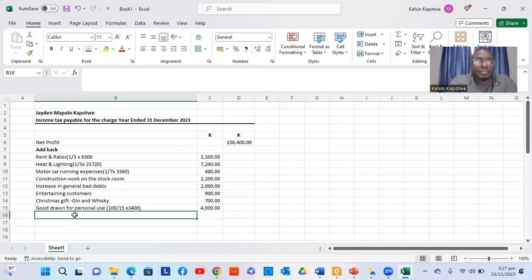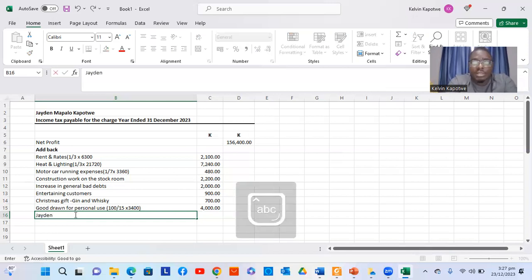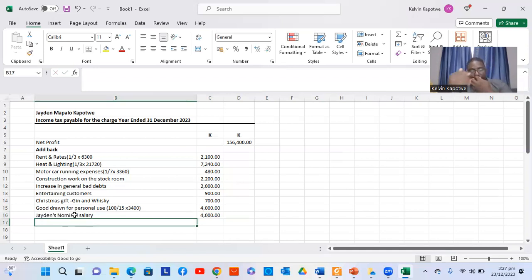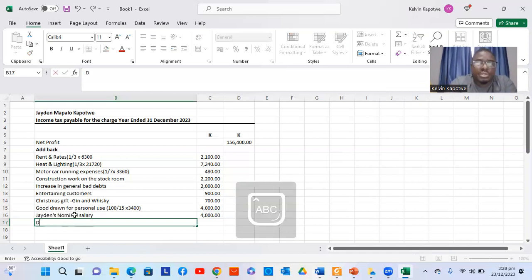All right. So Jaden's nominal salary. It was 4,000 kwacha. Remember, right? Yeah. Then we are going to look at the last item. I think should be depreciation. So depreciation on plant.